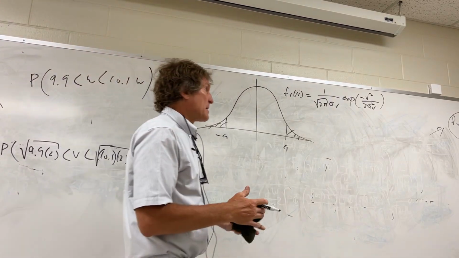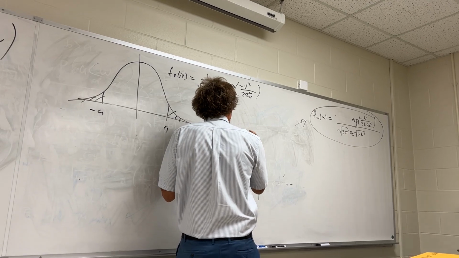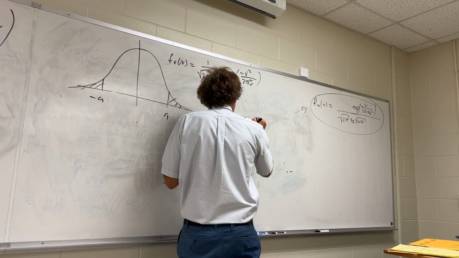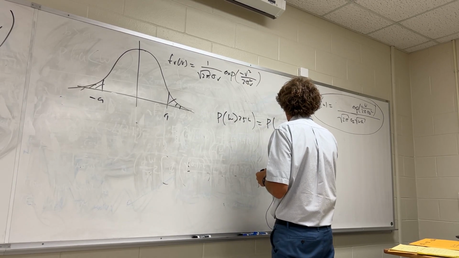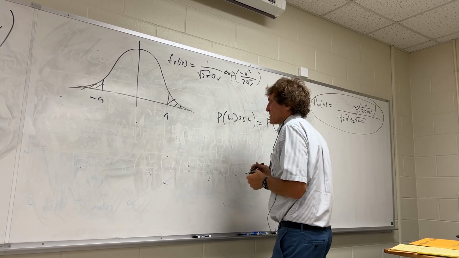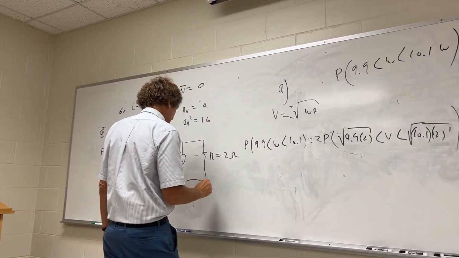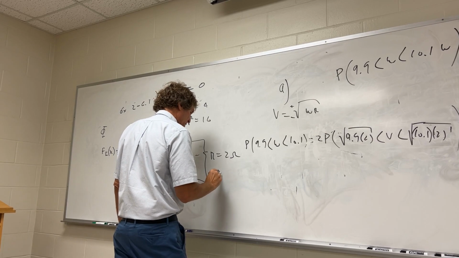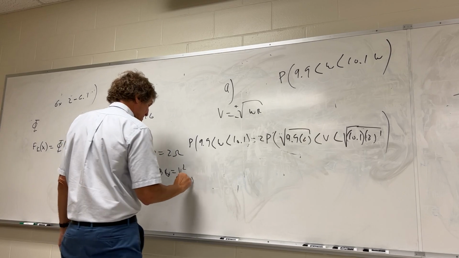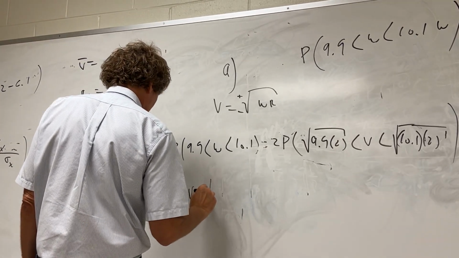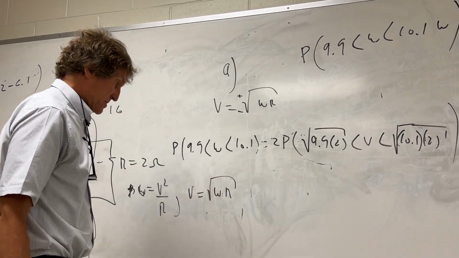So what would it be? The probability that the power is greater than 25 watts is the same thing as the probability of the current I being less than, what is that? So omega here is equal to V squared over R. So V is equal to the square root of omega R, and it'll be minus this plus that.